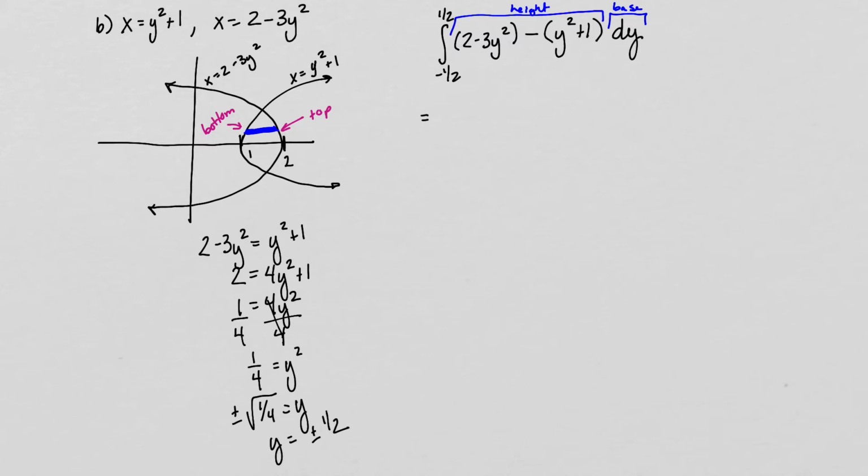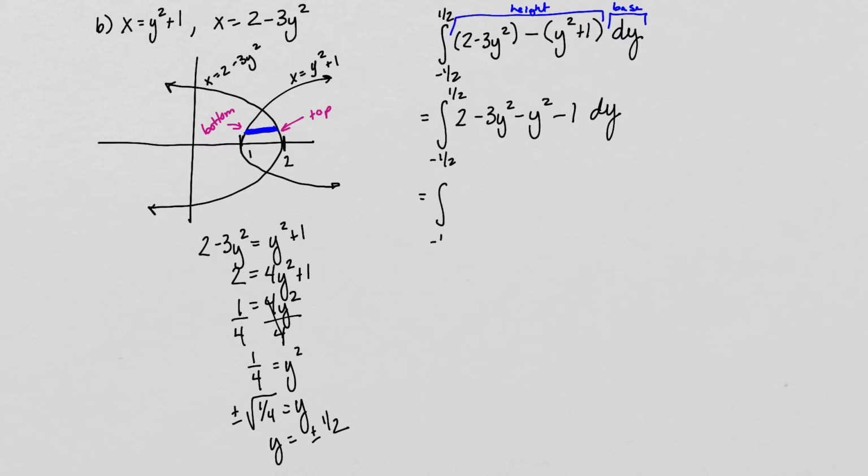And so really we want to integrate 2 minus 3y squared minus y squared minus 1 from minus 1/2 to 1/2 dy. You don't have to put the things together. I'm going to put them together to make my life a little easier so I don't have to integrate as many pieces.